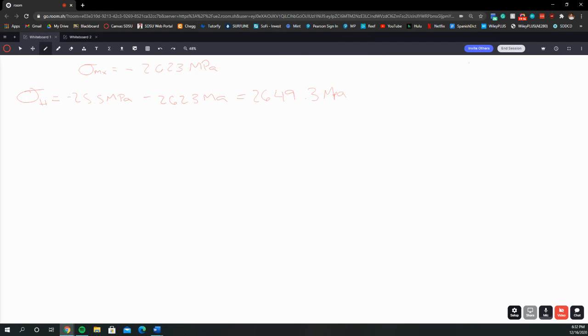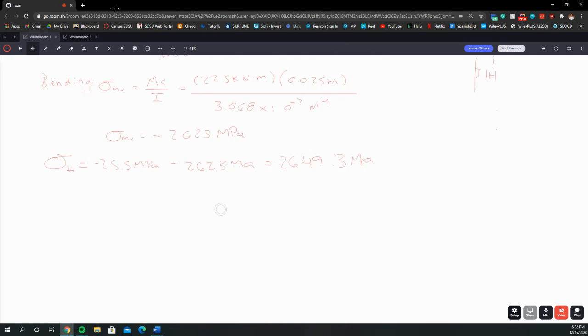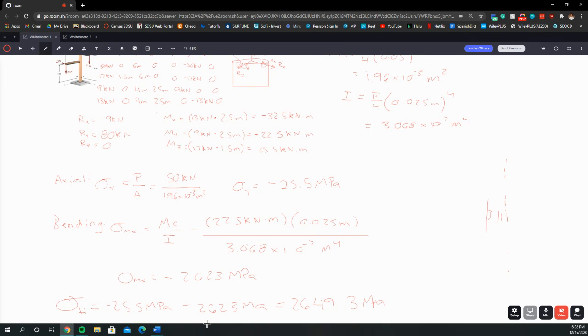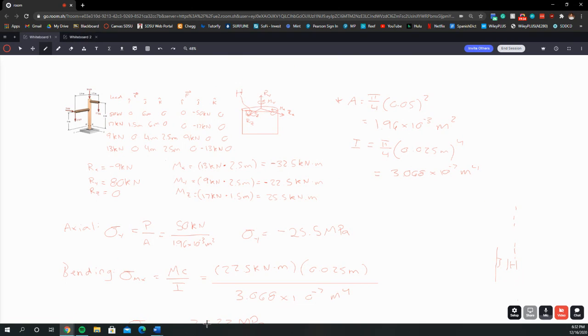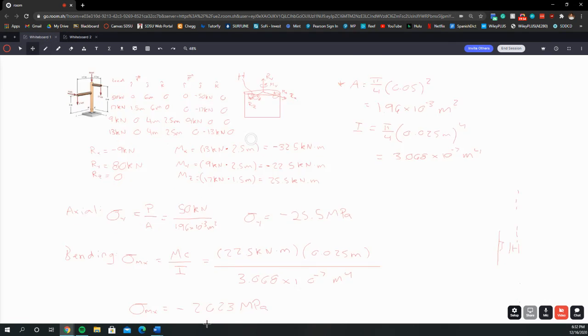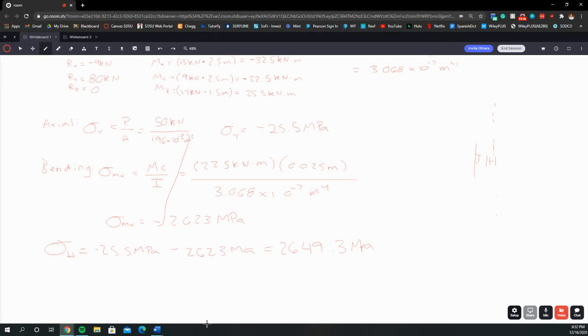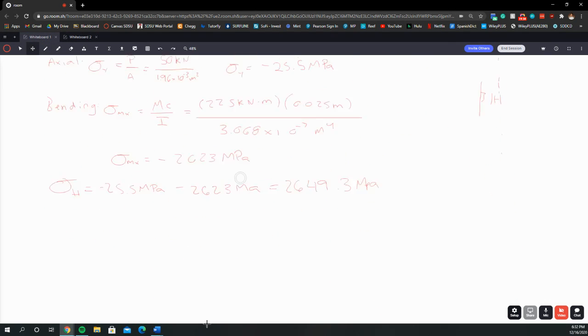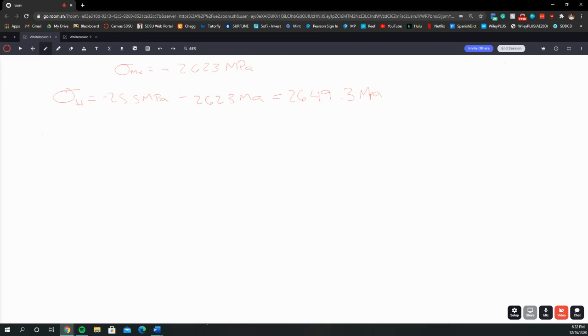Now let's worry about the shear stress created, which would be created by just this torsion right here. So see how the 9 kilonewtons is kind of twisting this cylinder with the moment that it creates? That's going to create shear stress at H. So stress due to torsion.